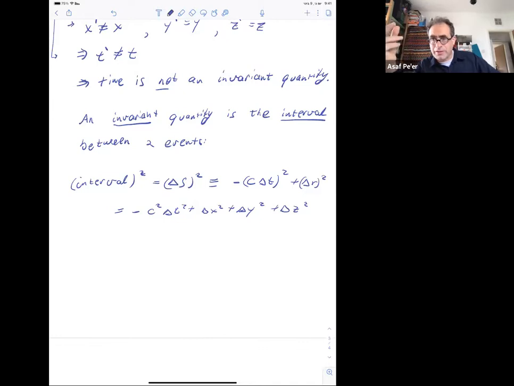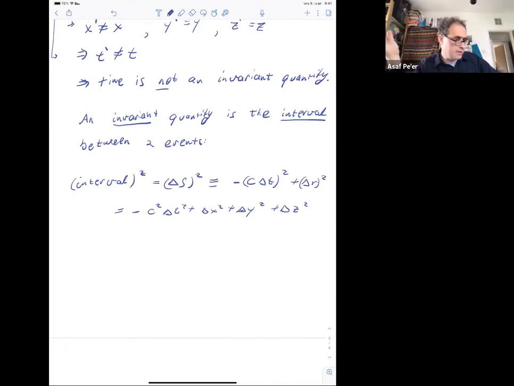The difference between them, right, delta z, z2 minus z1, delta x, x2 minus x1, etc. For each observer, they will occur at a different location in space and a different time. But both observers, when they compare the interval between the two events that happen, they will agree. They'll get the same result.